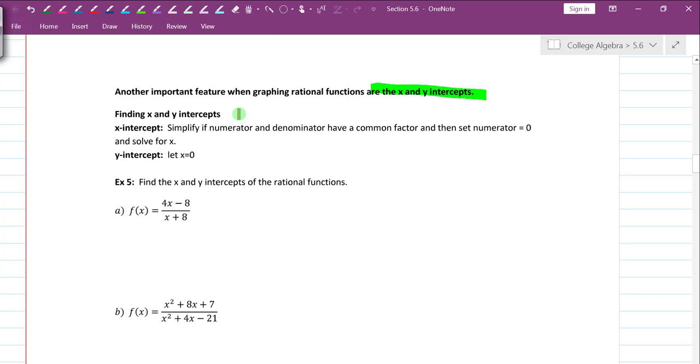So finding the x-intercept, the first thing you have to do is simplify the numerator and the denominator and remove any common factors. Then you set the numerator, not the denominator. Your intuition is going to be to do the denominator. It's not. It's the numerator. Make sure you set the numerator equal to 0 and solve for x. And then to solve for the y-intercept, it's just like we always do. Plug in x equals 0 and solve.